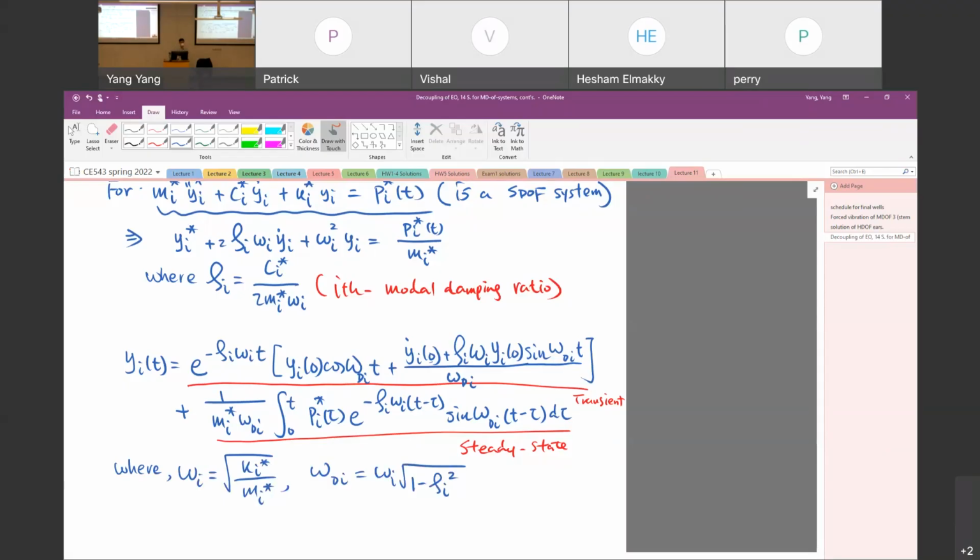So actually, by decoupling, we have reduced the solution of multiple coupled differential equations to a set of solutions for multiple single degree of freedom systems.